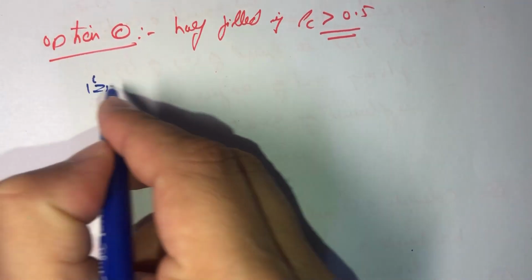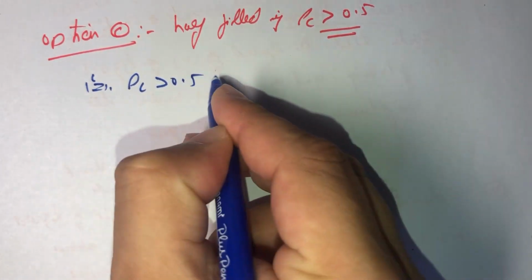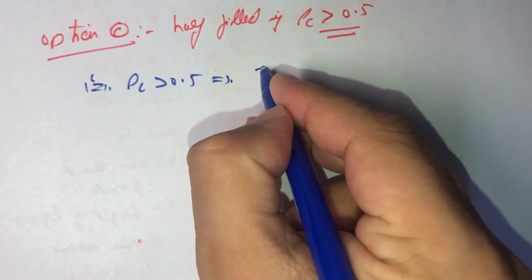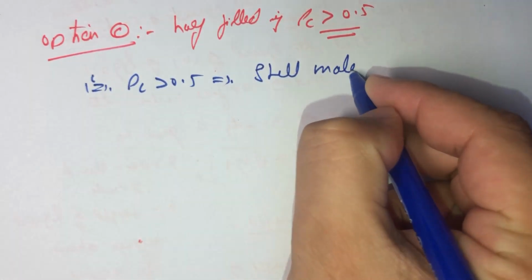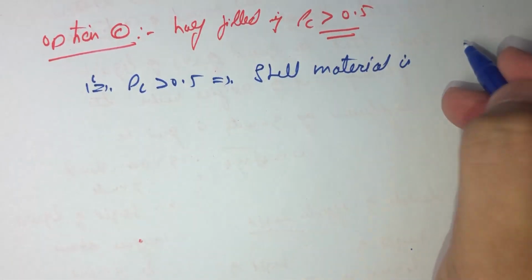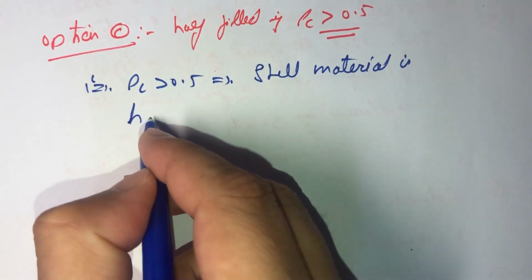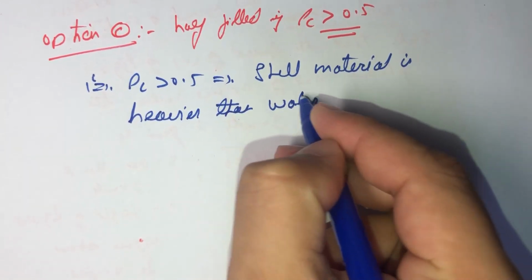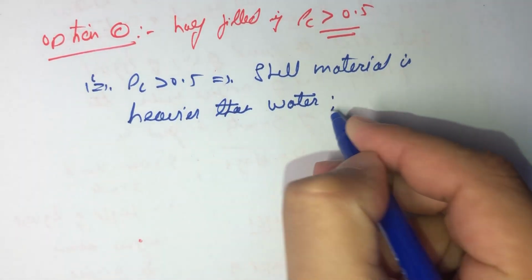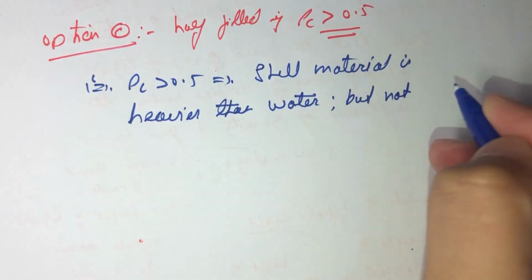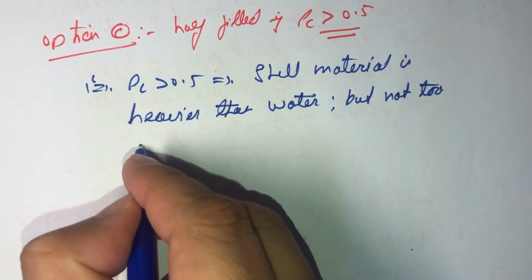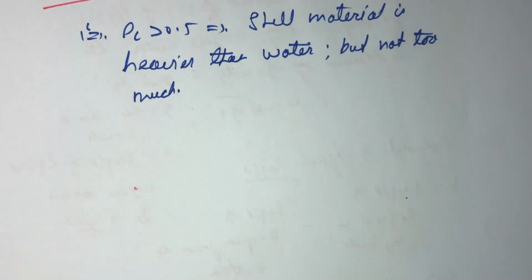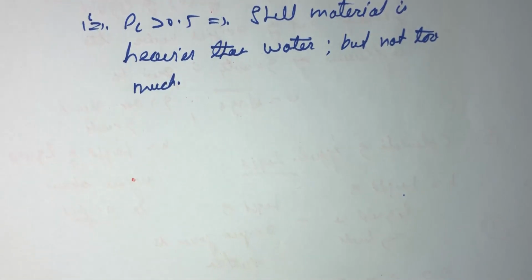So the shell material is heavier than water, but not too much. So there is a possibility that it might be half filled or it might not be half filled.